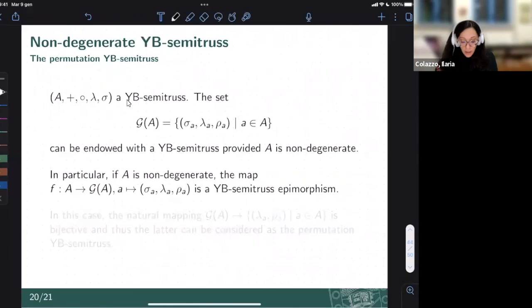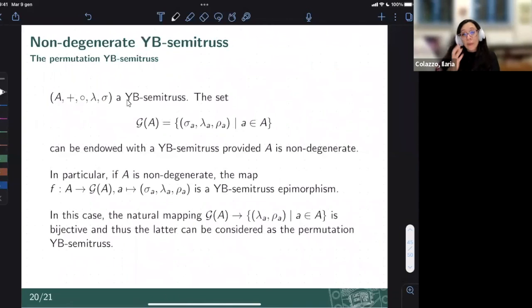In particular, we can prove that we have a YB epimorphism between our non-degenerate YB semi-truss and this set that we can call the permutation YB semi-truss.